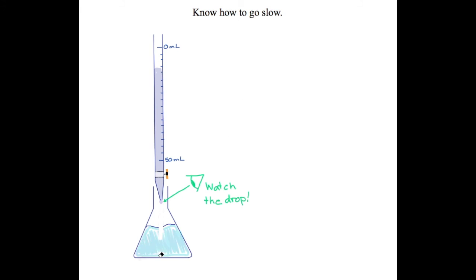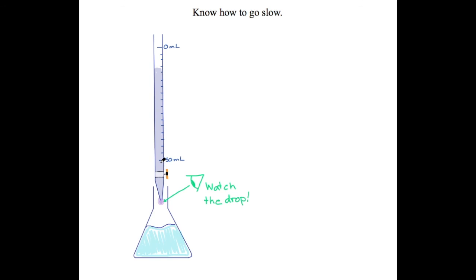So let me give you a tip on how to do these titrations carefully. What I do is I don't focus on the stopcock. What I do is I watch the drop. You can turn the stopcock ever so gently, and you'll see that the drop that's coming out of the bottom of the burette starts to grow a little bit.